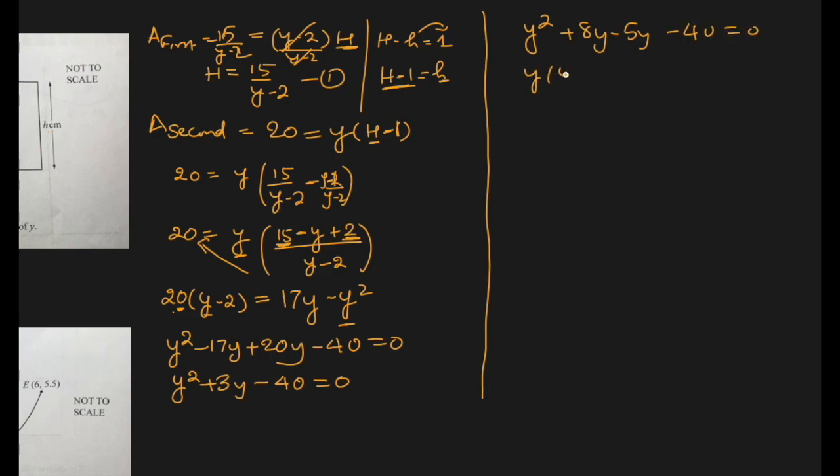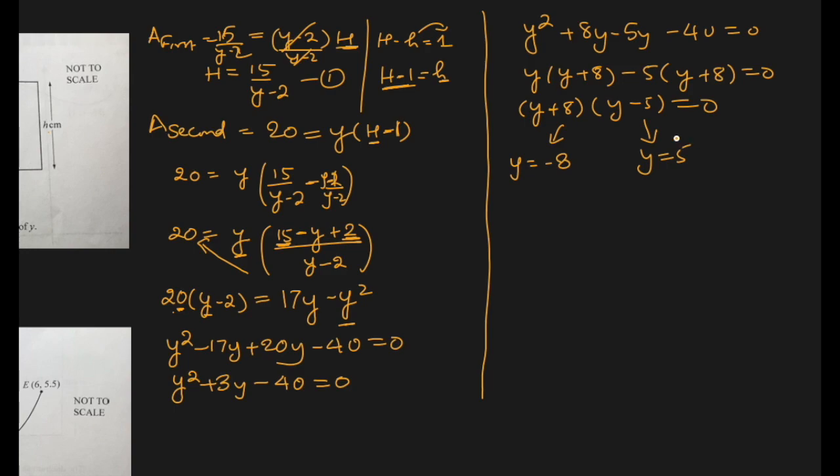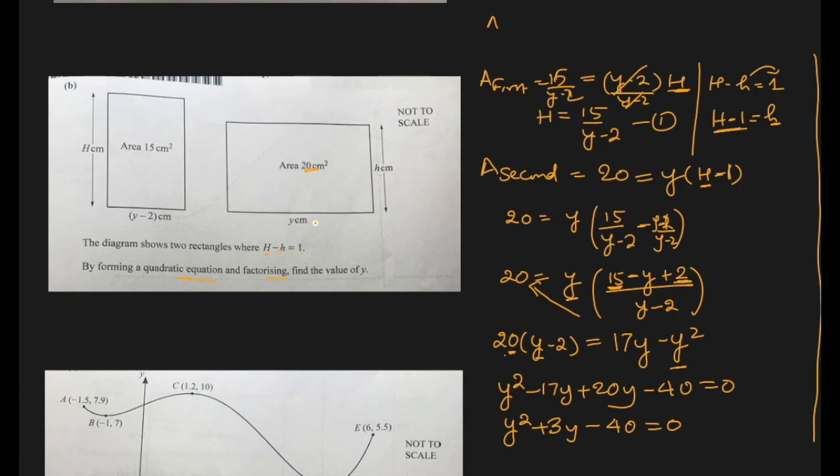So take y common here, y plus 8, minus 5, y plus 8 equal to 0. y plus 8 is common in both, so y minus 5 left. Okay, so this gives us y equal to negative 8, and this gives us y equal to 5. These are the two solutions, but if you notice here, the length here is y centimeter.